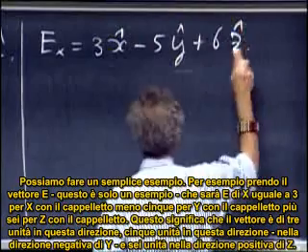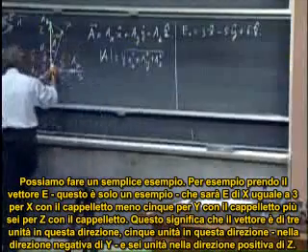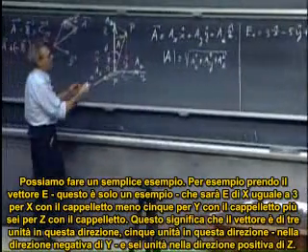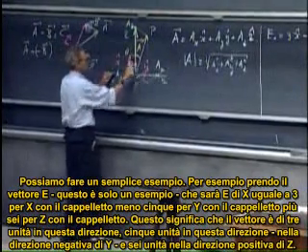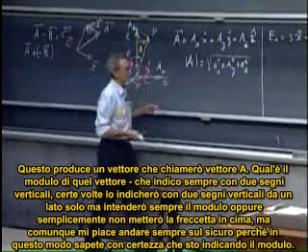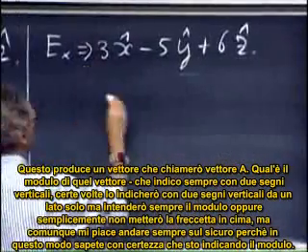So that means that it's 3 units in this direction. It is 5 units in this direction, in the minus y direction, and 6 in the plus z direction. That makes up a vector, and I call that vector A.